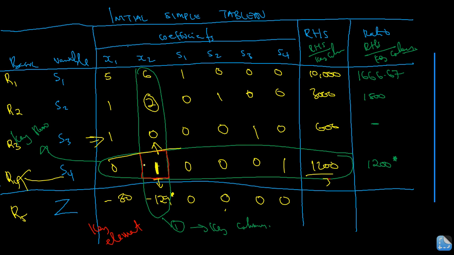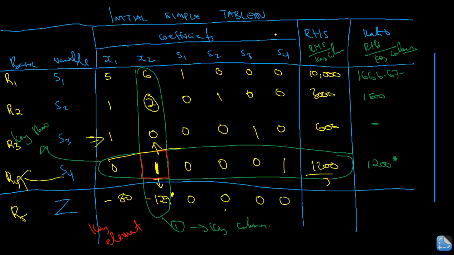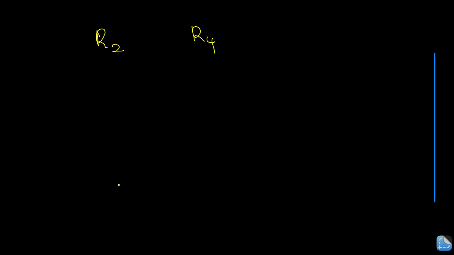So we need to make row 2 0 with the help of row 4. So the first step, just make sure you say R2 is row 2 minus row 4, row 2 minus row 4.